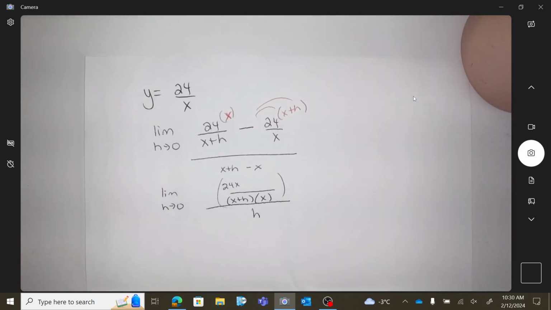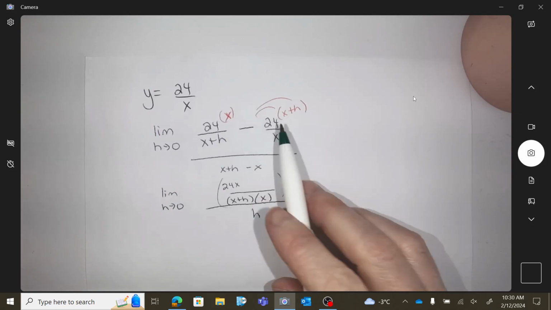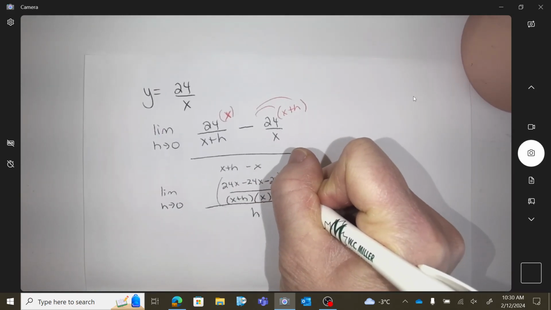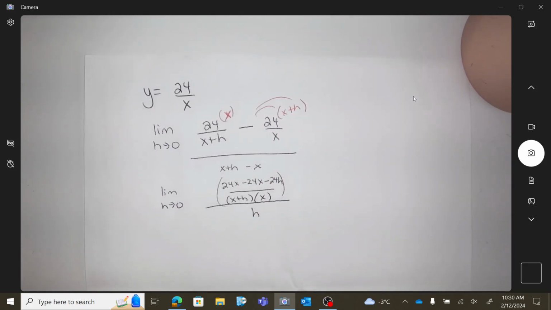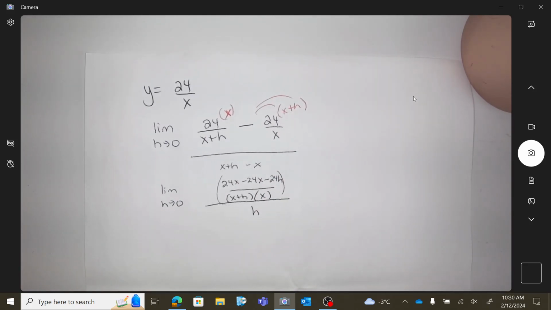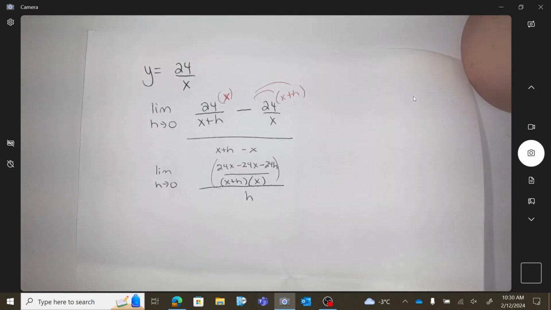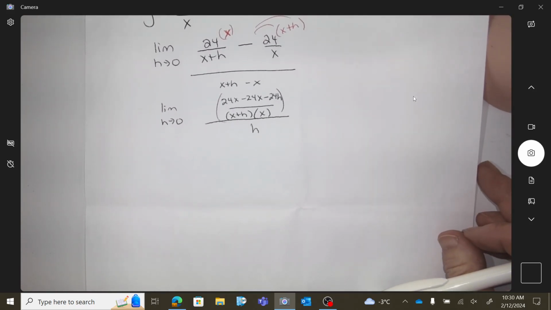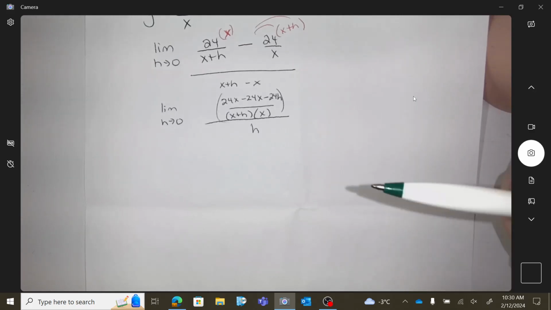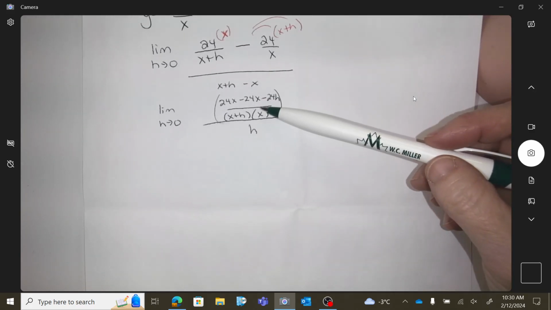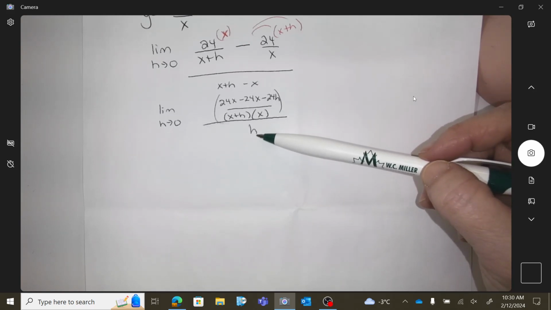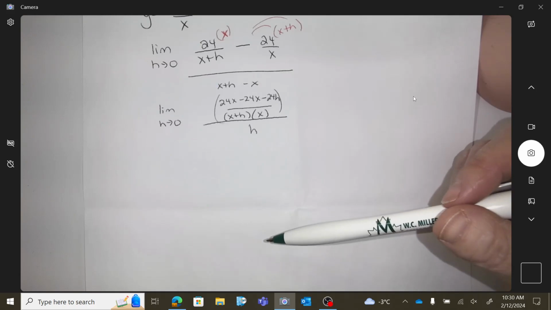And I'm going to do that distribution on it. I'm going to times it by x plus h, so minus 24x minus 24h. I feel like on this one it's very easy to forget about this common denominator and then this denominator. Like there's two denominators. It seems really weird.